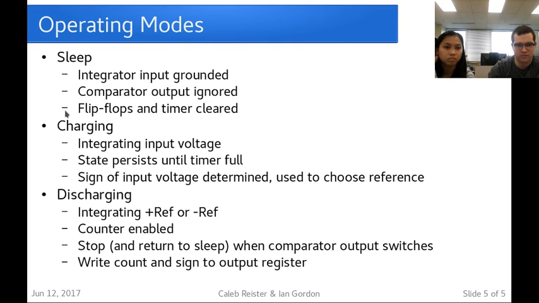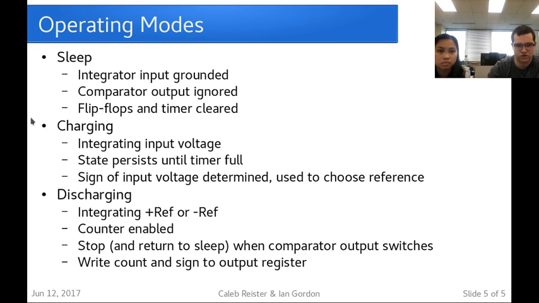All the flip-flops and the timer are cleared, as is the counter, but the output register from the previous conversion is still what it was at the end of the conversion.